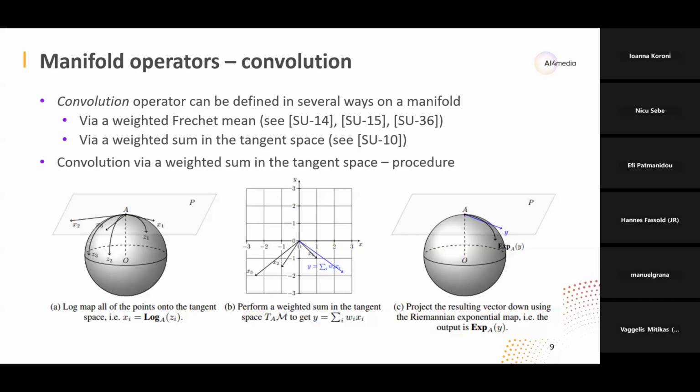There is just one point. Of course, all these weights, either with the Frechet mean or also in the tangent space, but especially in the Frechet mean, a weighted mean, of course, must have non-negative weighting factors.